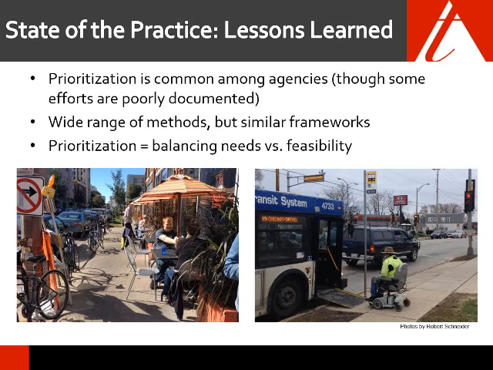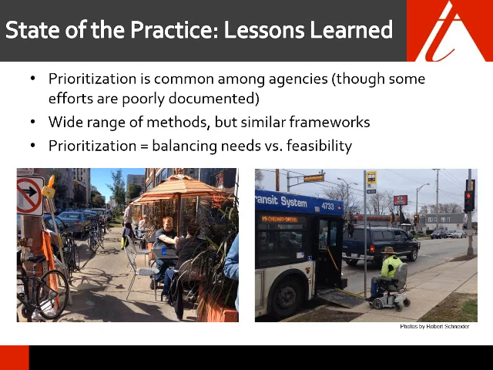They look at different types of factors that are important for prioritizing pedestrian or bicycle improvements. And then there are different weighting processes that are used to say really what's most important to some communities versus others. But one thing that we found through the process was that most of the agencies who'd been doing prioritization were using similar frameworks.